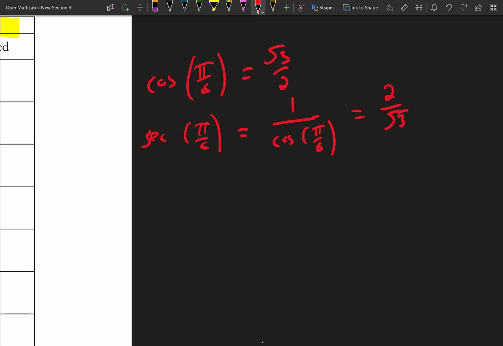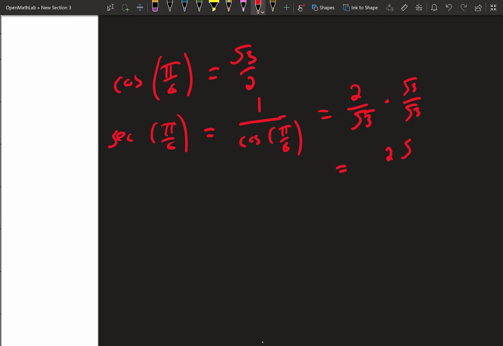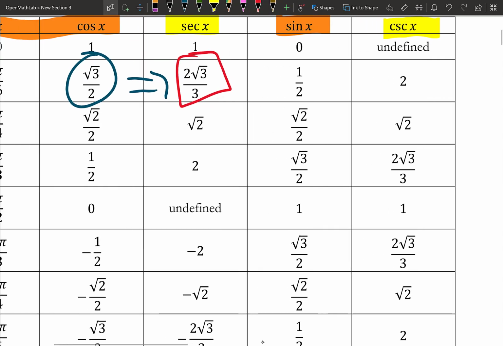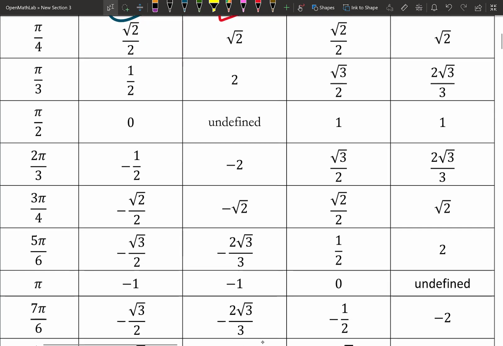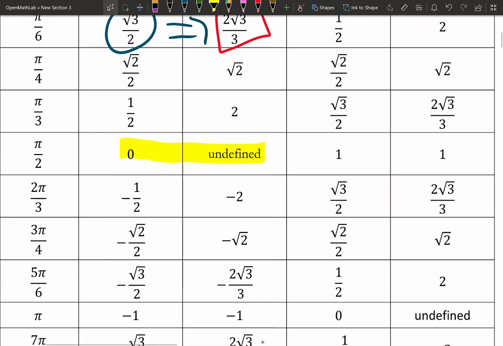Then I need to rationalize the denominator, so I multiply top and bottom by radical 3 over radical 3, and I end up getting 2 radical 3 over 3. That is what I have in this column, and I'd have to do that for everything. Also, note that cosine of pi over 2 is 0, so when you flip it, 0 would be in the denominator, and that makes it undefined.